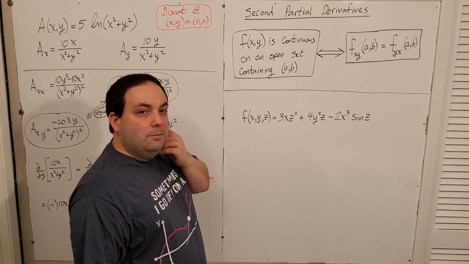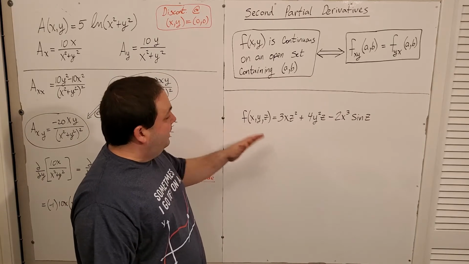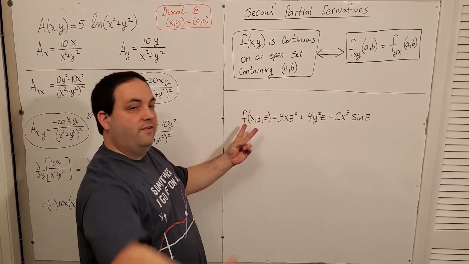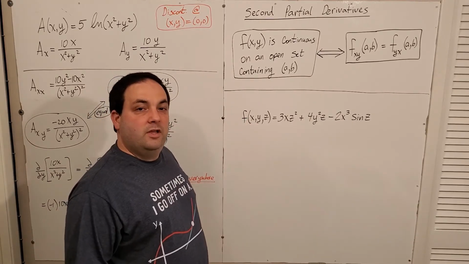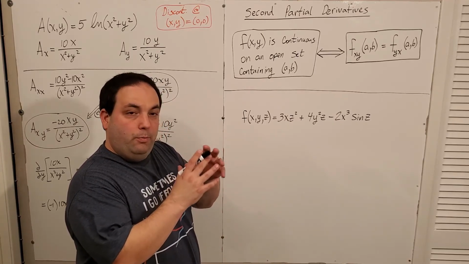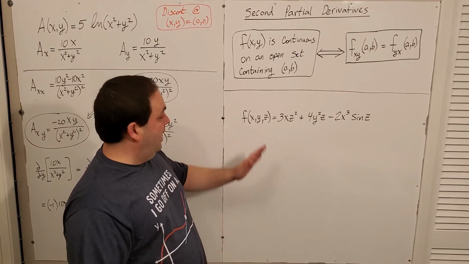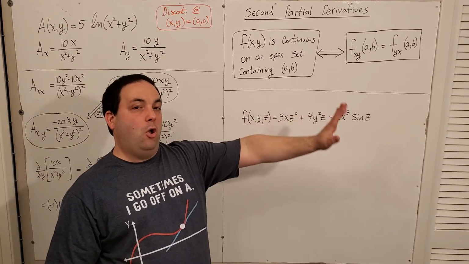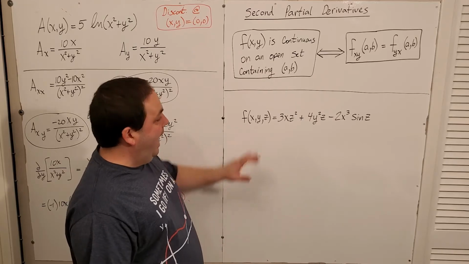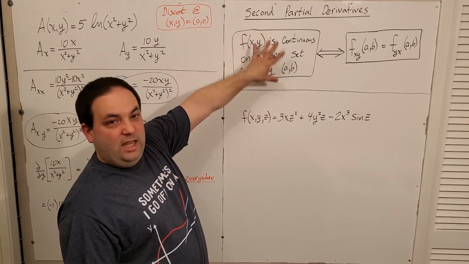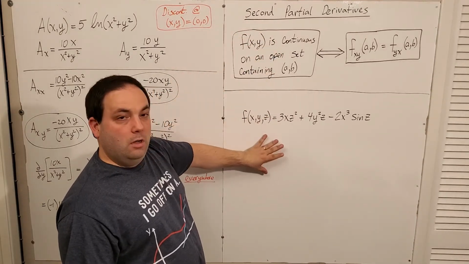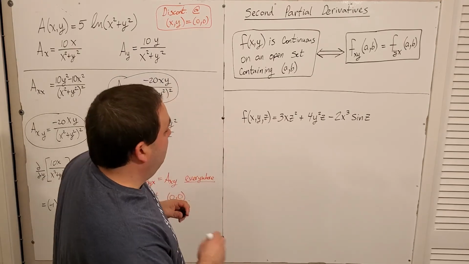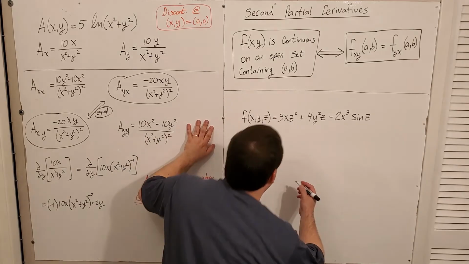Another point along the same lines here, I can do all of these partial derivatives to functions with 3 variables, 4 variables, 5 variables. Partial derivatives are that precise and that useful that it doesn't matter how many variables you've got, because that just means I'll be holding all of the rest constant. And this rule still works with higher dimensions as well. For example, let's take a few partial derivatives here.